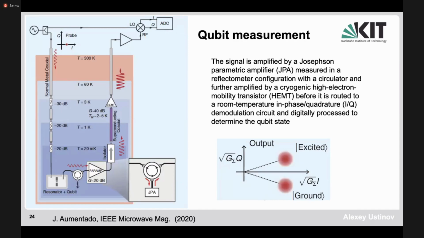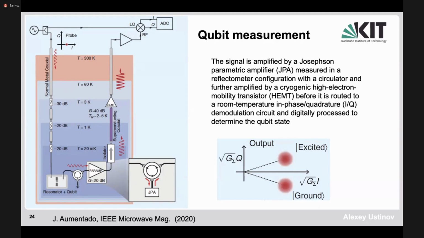Now, how are the qubit measurements done? So far we did not discuss much of the experimental facts, but in reality, of course, you need to bring the qubit to very low temperatures. And these low temperatures are in the range of millikelvin. As we discussed, we need millikelvin because 1 gigahertz is 50 millikelvin.